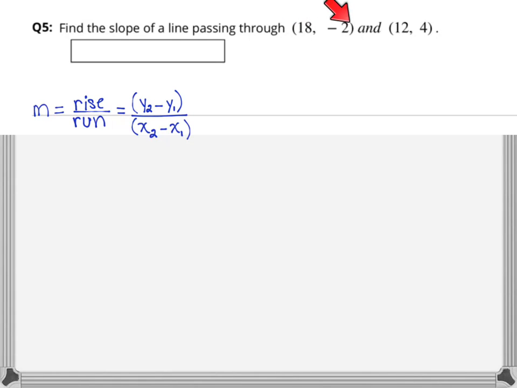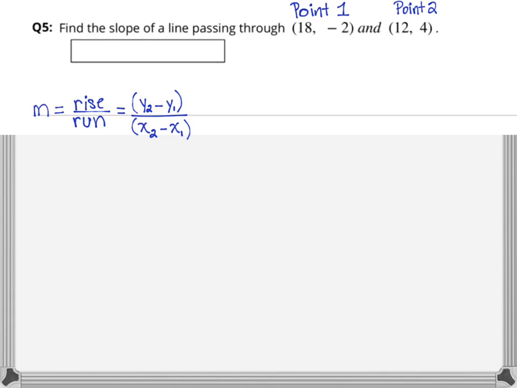And we'll make point number 2 the second one we see, which is 12, 4, right? So I'll just write that on top of each. So I'll put point 1, and then the second one will be point 2. So now I know that this is my first point and this is my second point. This is going to come in handy when we're using this formula.